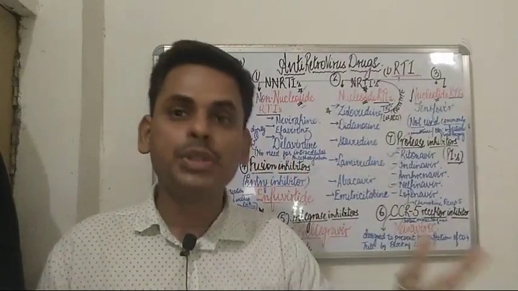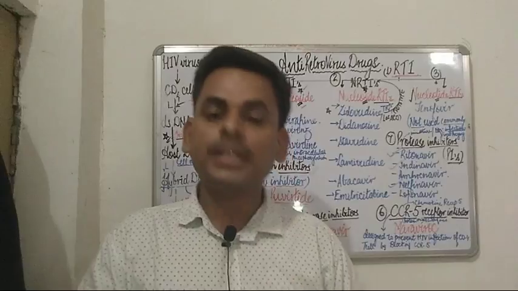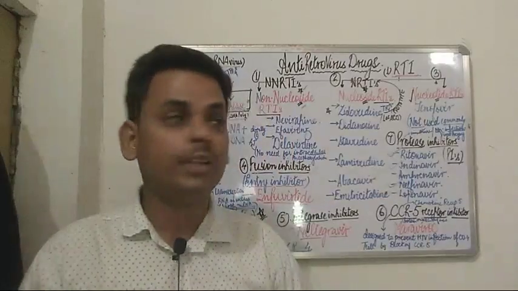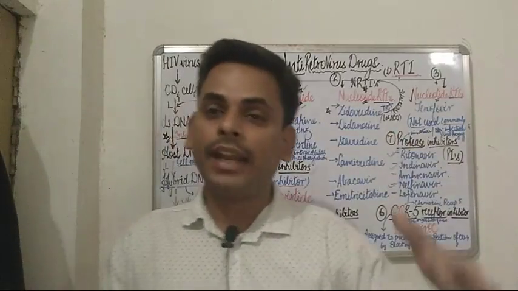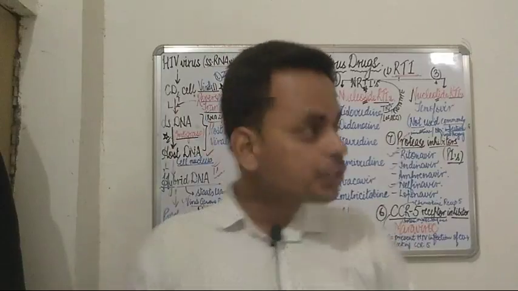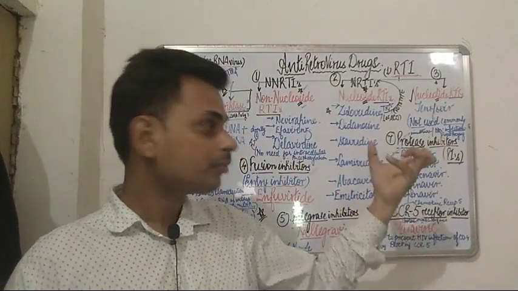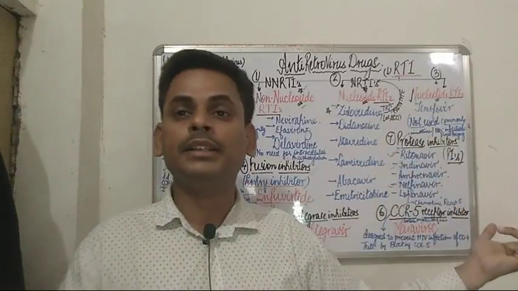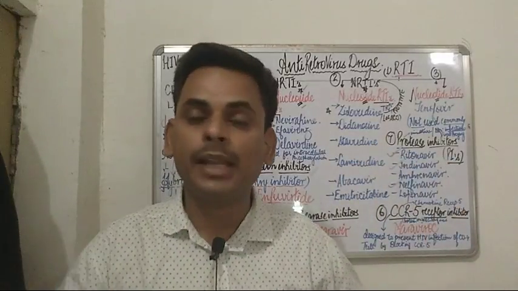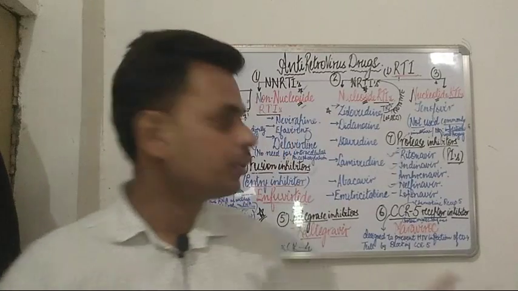These two receptors are mostly exploited by the HIV virus to gain access and entry into the host cell. So there are drugs which have been designed to inhibit these receptors so that the HIV virus is unable to gain access or entry into the host cell.